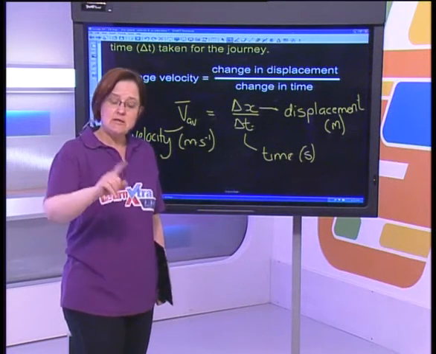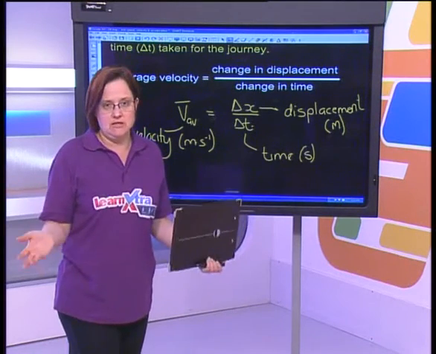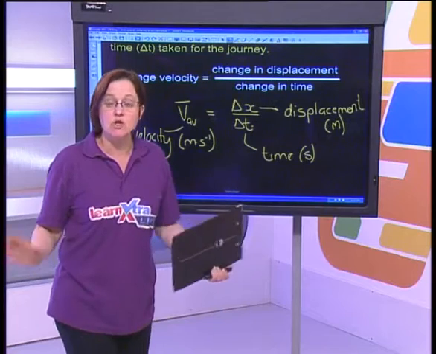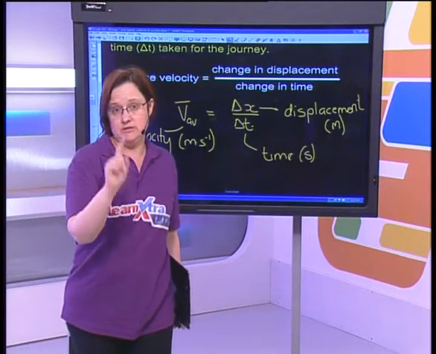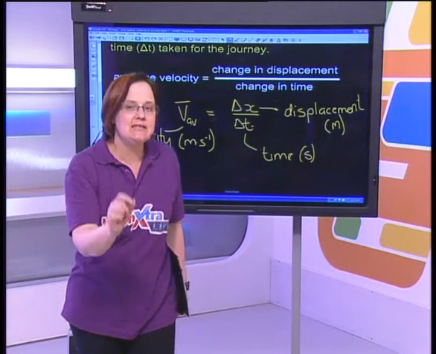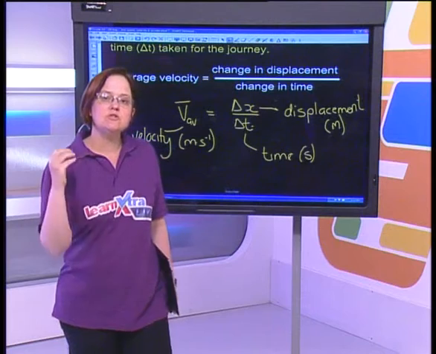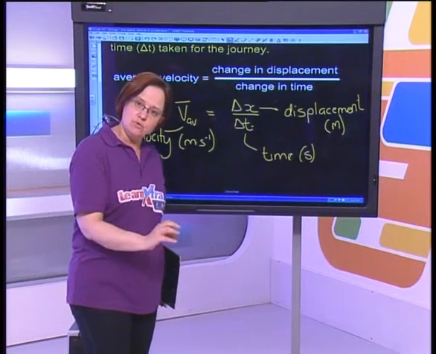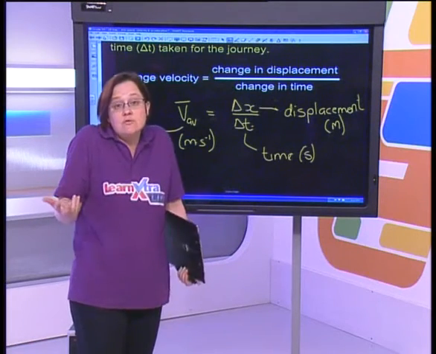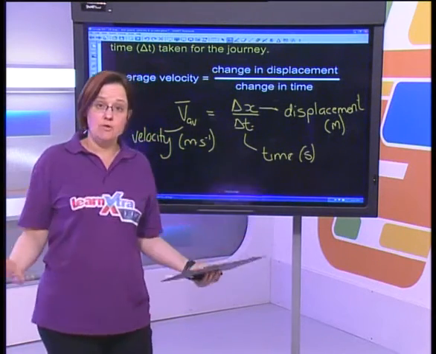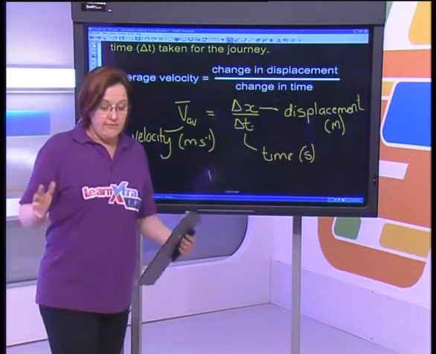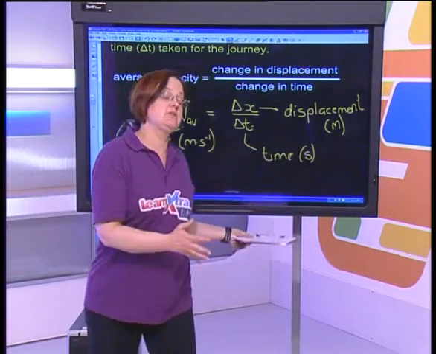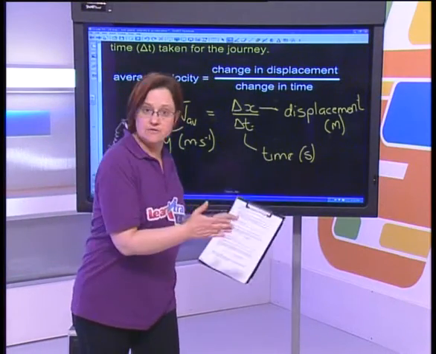But if they don't give you a sign convention and just give you a question, you decide on the sign convention and stick with it. Don't change it halfway through, because you're not allowed to. It's the same motion. So if you choose that going to the left is positive, stick with going to the left is positive.